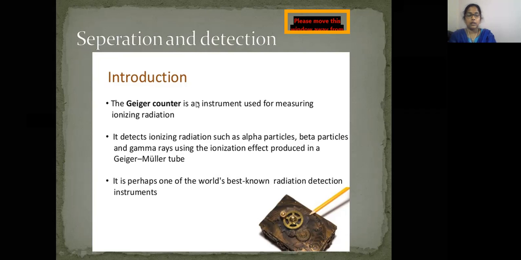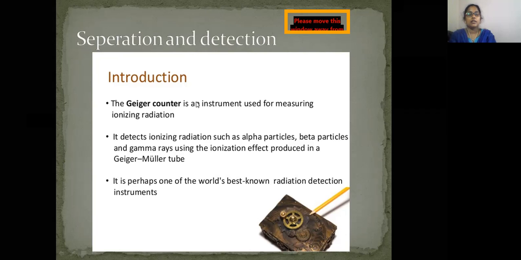So here you have to go for the separation by using a suitable extraction method, and collect the crude extract. After collecting the crude extract, you have to separate the constituents present in it.